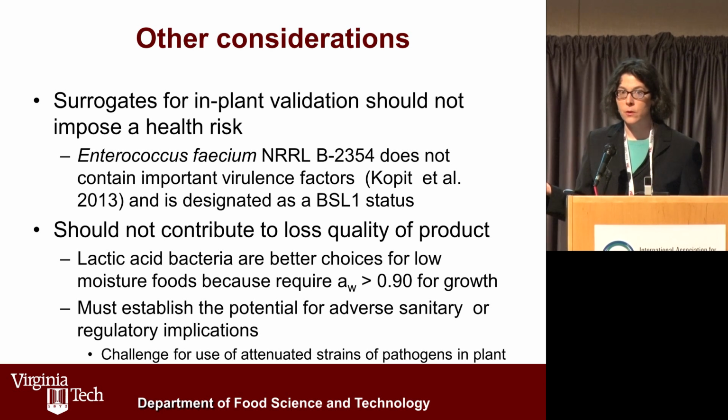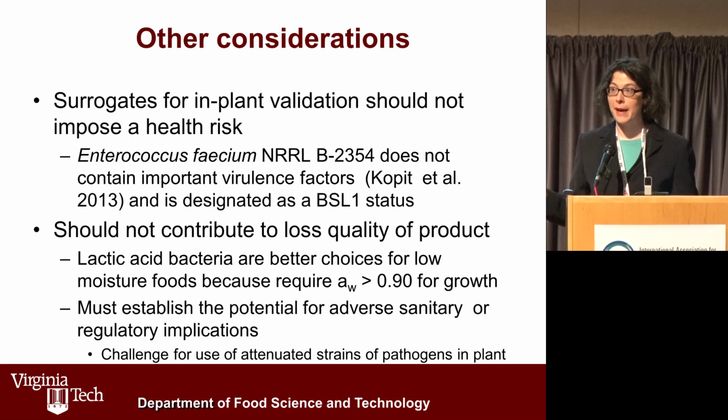Also, you need to understand how your plant hygiene and sanitation system works. Are they going to automatically start having lots of positives for some type of their hygienic indicators because that surrogate has been there? And also, potentially from a regulatory implication.